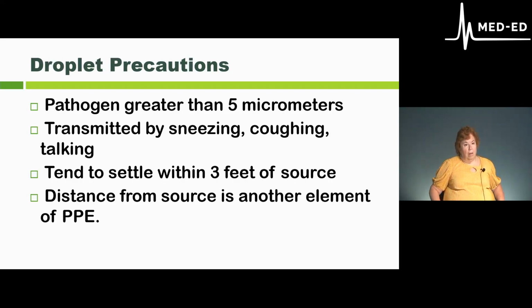Droplet precautions, the pathogen is greater than 5 micrometers. This is transmitted the same way with sneezing, coughing, and talking, but because the microorganisms are bigger, they have a tendency to settle within 3 feet of the source. So the distance from the source is another element of personal protection.